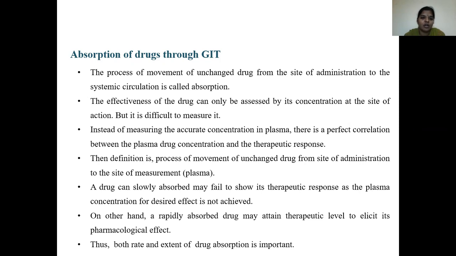So, in your syllabus, under biopharmaceutics, you have four topics. Those are absorption, distribution, metabolism, and excretion. From the second unit onwards, you have pharmacokinetics topics. So under the first unit only, you have four topics, right?